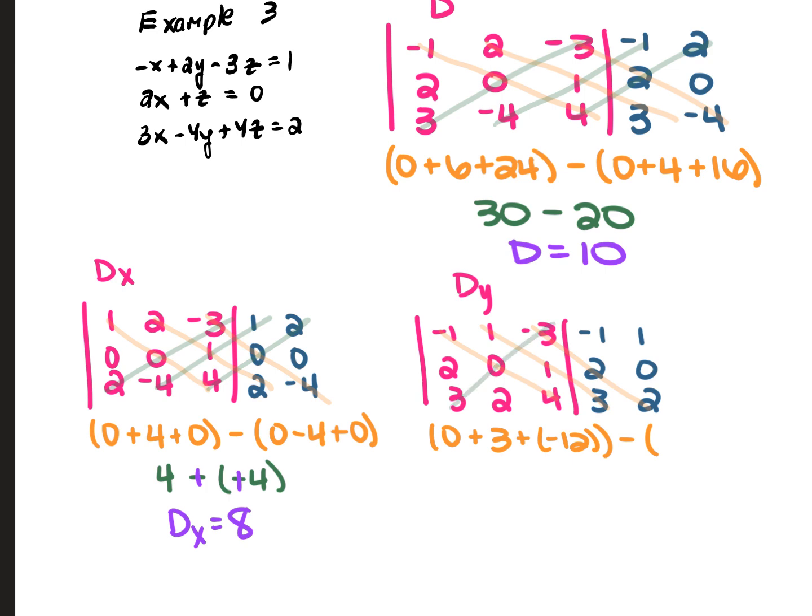Next, you have 3 times 0 times negative 3, which is 0. 2 times 1 times negative 1 is negative 2. And 4 times 2 times 1 is positive 8. So this simplifies to give you negative 9 minus 6, which is a D sub y of negative 15.